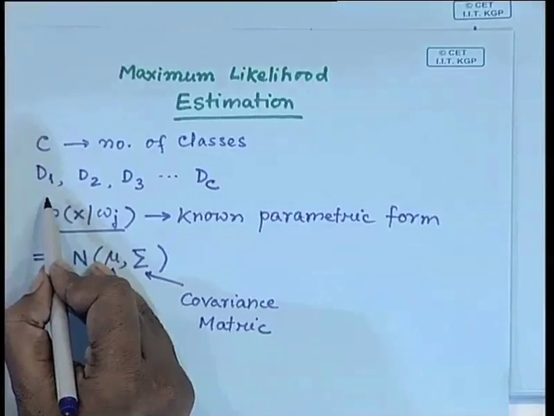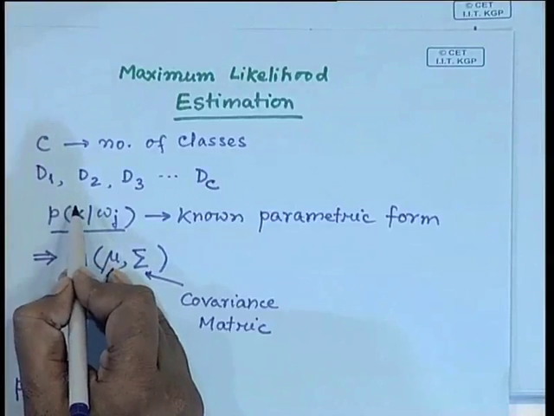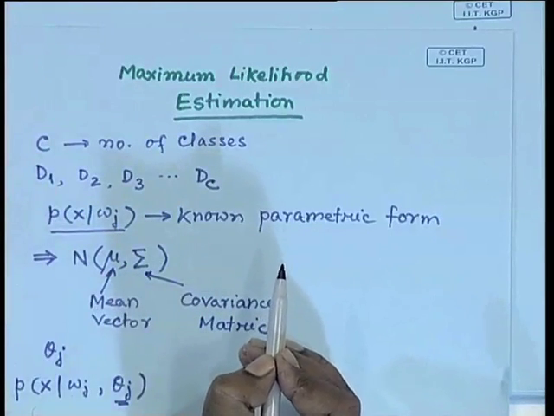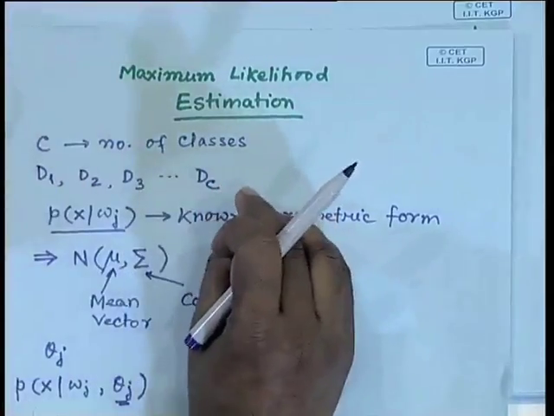D 1 does not give me any information about theta 2. Similarly, D 2 does not give me any information about theta 1. So, effectively I have C number of independent problems. Given a set of samples D, I want to estimate the parameter vector theta of the probability density function which best describes the data distribution in set D.